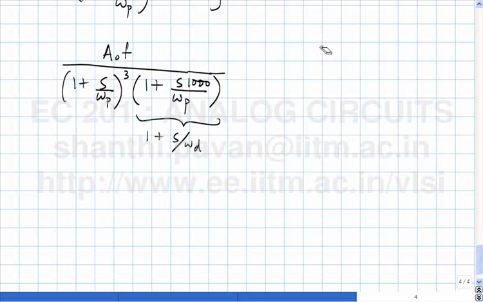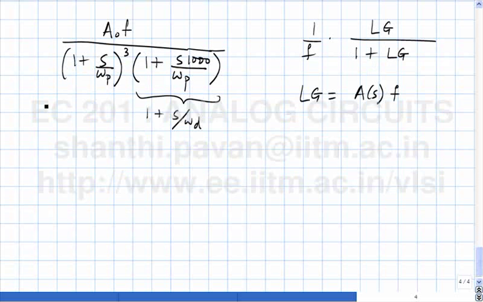So the closed loop transfer function is nothing but 1 over F times this function, loop gain divided by 1 plus loop gain, and the loop gain is basically A of S times F. If A naught F went on increasing, first the poles will all be in the left half plane, then all these poles will split and they will go to the right half plane. So at some point during this journey they will sit on the j omega axis.